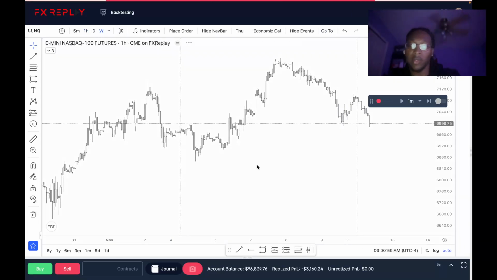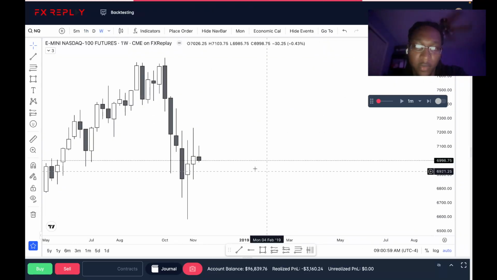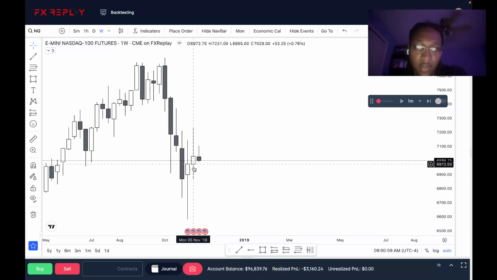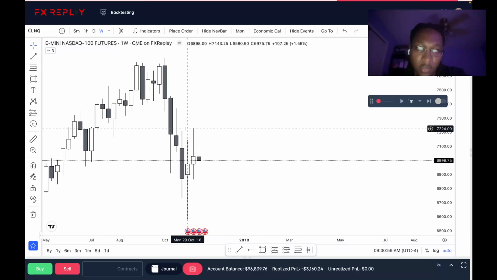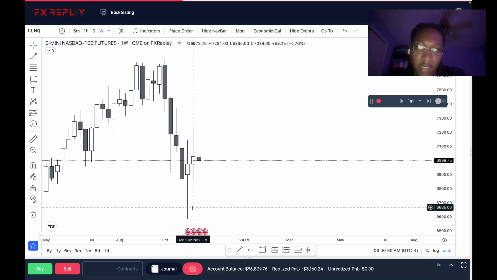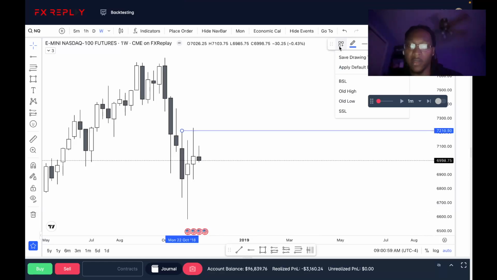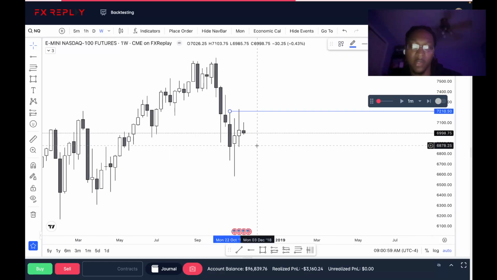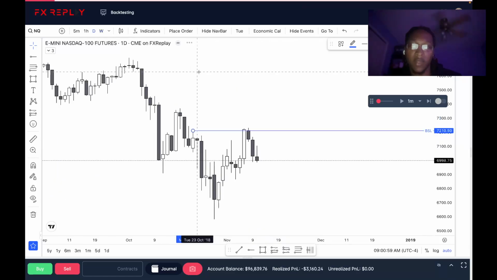So now we can look at our weekly. You can see what's on the menu. Took out some highs. So we opened, formed a low, came up, took out some highs, and then failed to drop a little lower. So we have these over here. Supply side liquidity got taken out on a daily.